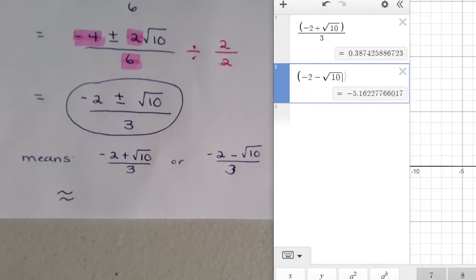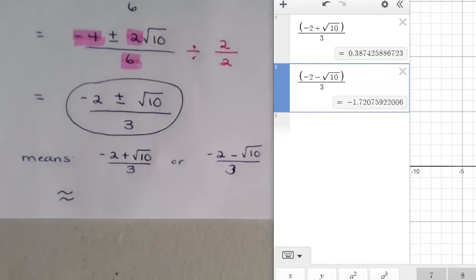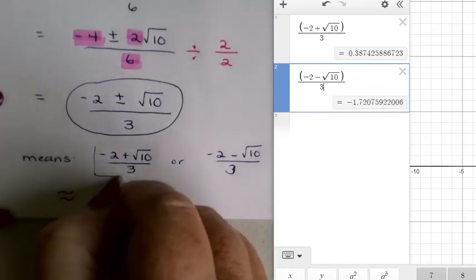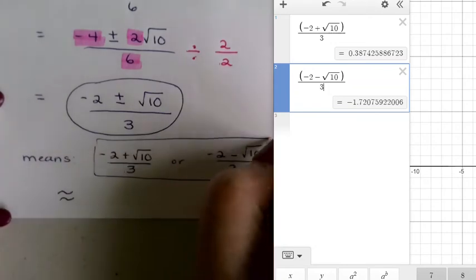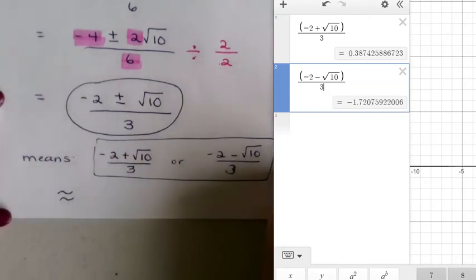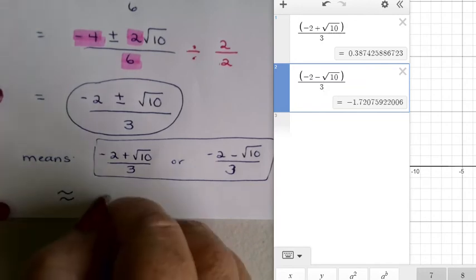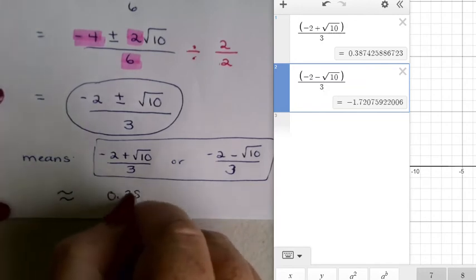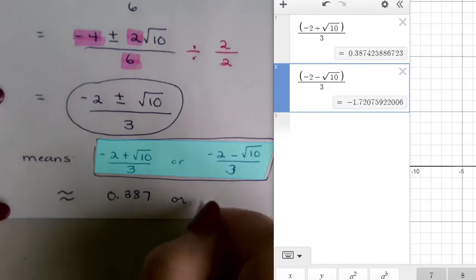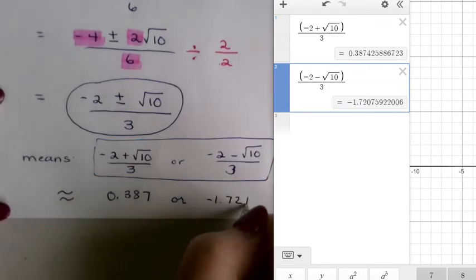Oops, gotta get outside of that radical. There we go. Divided by 3. So I get 2 answers exact. And then I can also get those same 2 answers as decimal approximations, about 0.387 or -1.721.